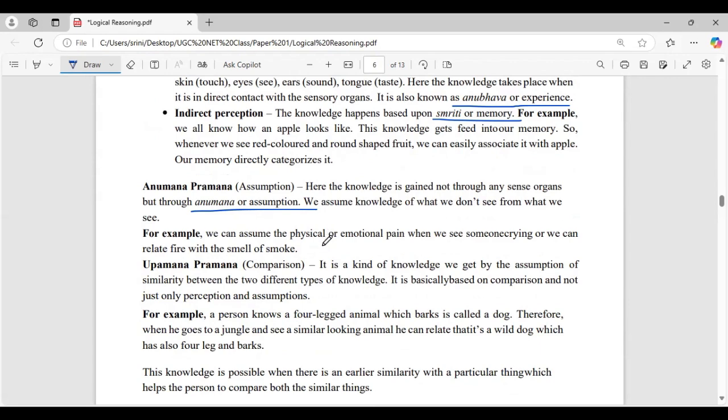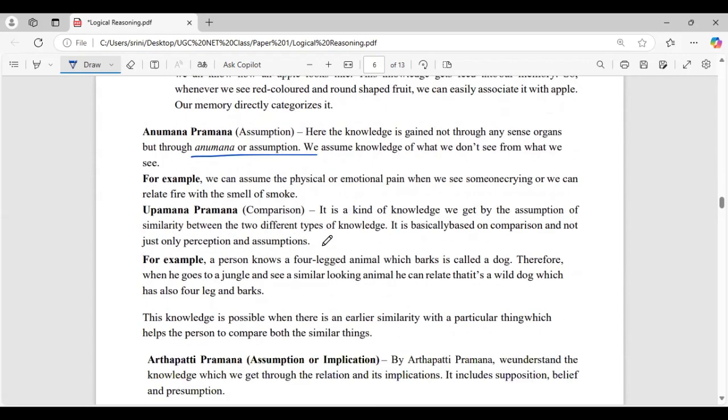We can assume the physical or emotional pain when we see someone crying, or we can relate fire with the smell of smoke. What we do is we smell smoke, then we infer that there is a fire. That is Anumana, through assumption.